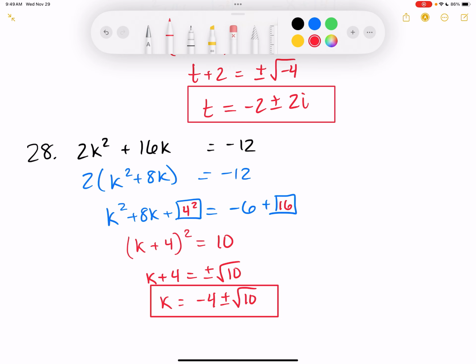Now, usually when I'm asking you to complete the square, I'm going to give you one that already has a 1 in front. But if you can do those as hard as they are with having to take something out, you should be able to do all of them.